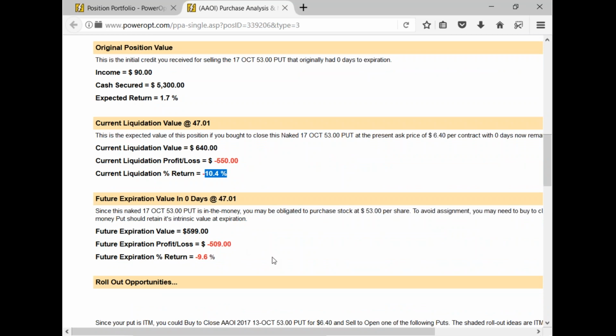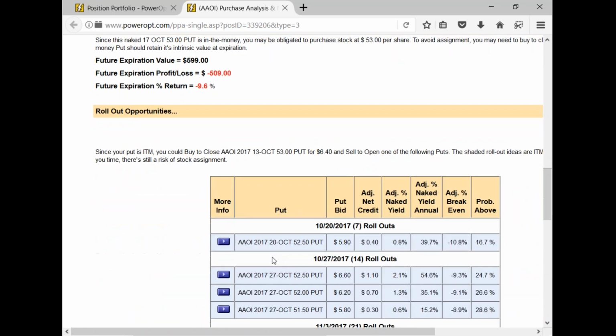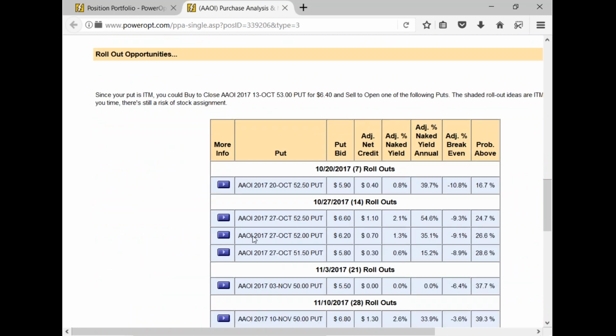Even though it's expiration today, here were some of the rollout opportunities that were shown. Now, he could buy to close the 53 put at 640 and sell the 52.5 at 590. Now, that would get him back to a positive result. Remember, we took 90 in. We have to pay 640 to buy to close this option back, or close to the $6, and then we could get another 590.